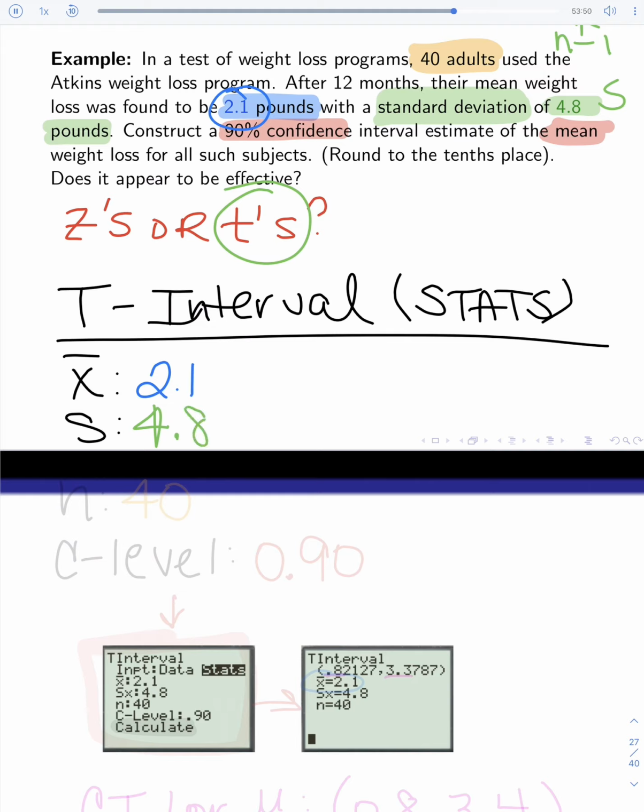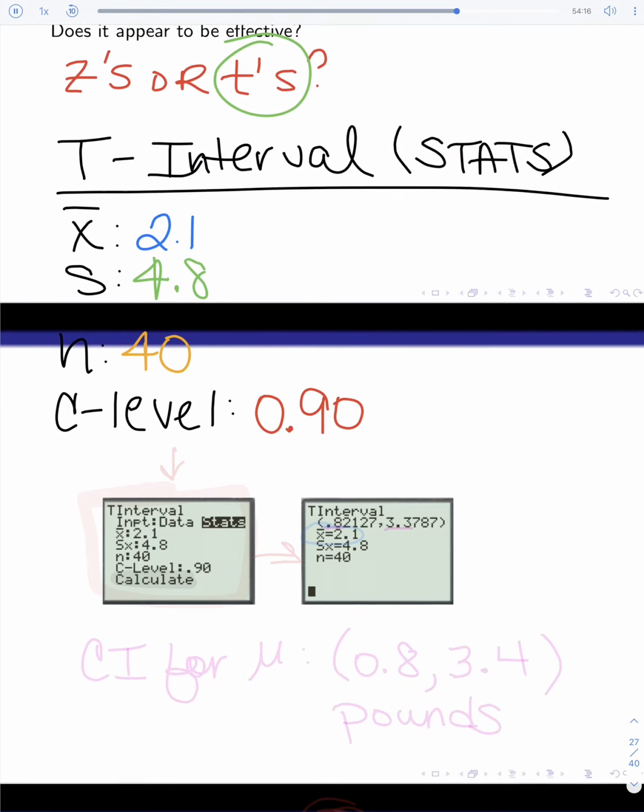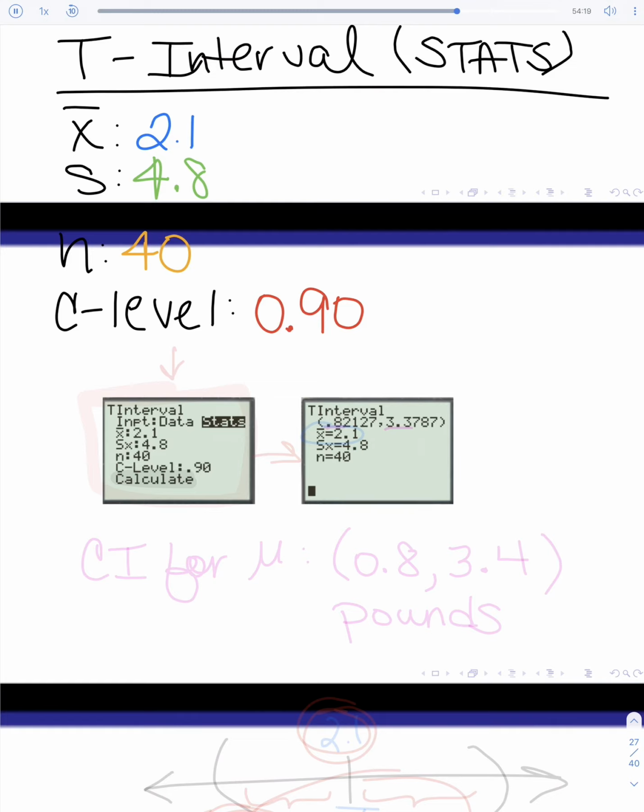The next thing they're going to ask for is your N, the size of your sample, which is 40. And then the last thing is your C-level, your confidence level. They wanted a 90% confidence interval, so use 0.90. When you type all this information into your calculator, it will look like the following.